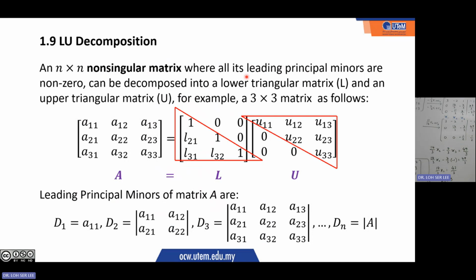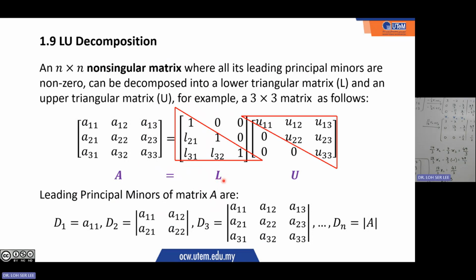L is the lower triangular matrix. U stands for the upper triangular matrix. So for example, for a 3 by 3 matrix, this is your L. Lower triangular matrix means the upper part must be all zeros. Upper triangular matrix means the lower part must be all zeros.